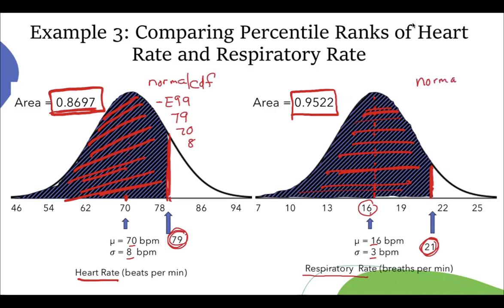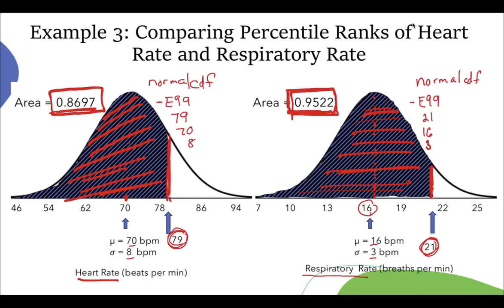And on the other side, to figure out the proportion of area, again the lower is negative E99, the upper is 21, the mean is 16 and the standard deviation is 3, and the answer comes out to be 0.9522.